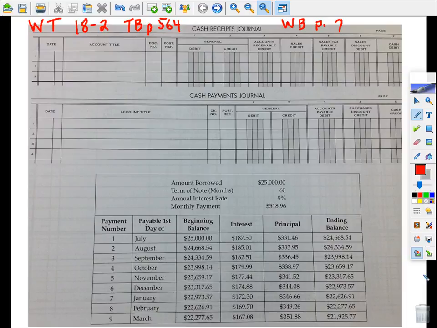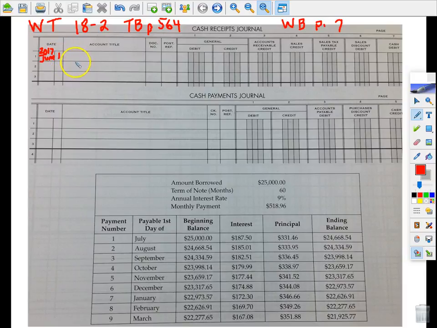So that's going to go in the cash receipts journal. We basically have acquired $25,000. That will be our debit to cash, and the credit is to set up this liability. So let's go ahead and put in our date. It's June the 1st.